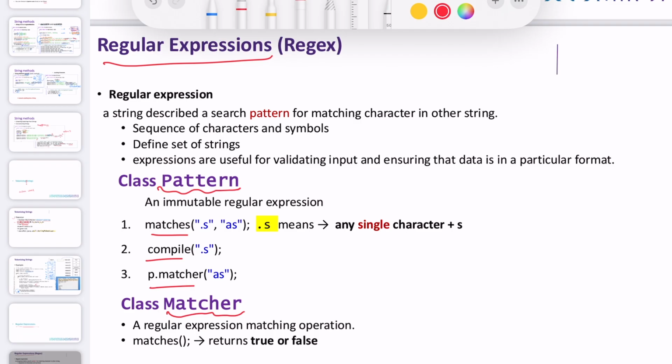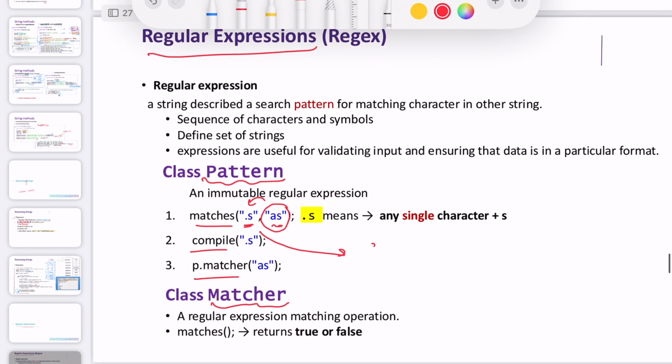Collectively, I can use them to perform the regular expression, and we will take an example to explain all of this. The idea is very simple. You have this string over here, which is "as", and you have a pattern here, which is ".s". You want to see if this text follows this pattern or not. This pattern just says you need to have a string of only 2 characters, just 2 characters.